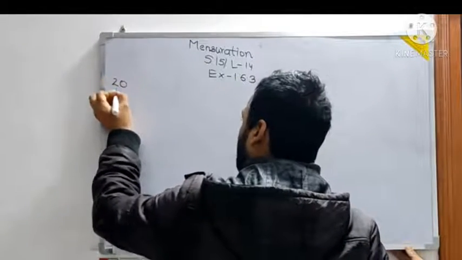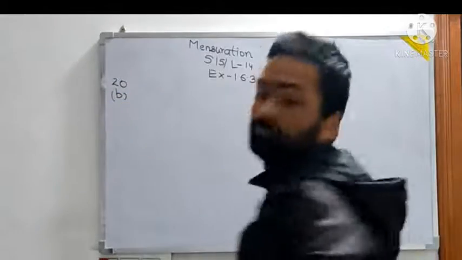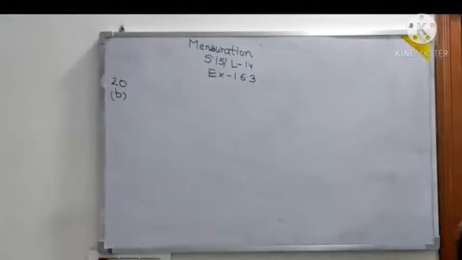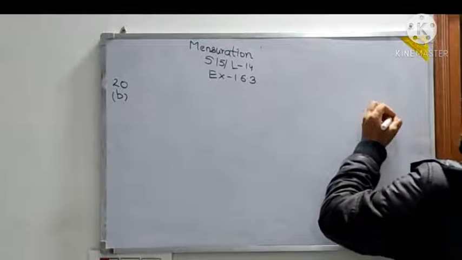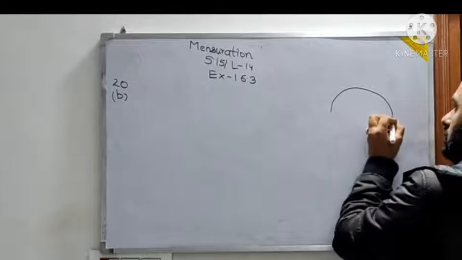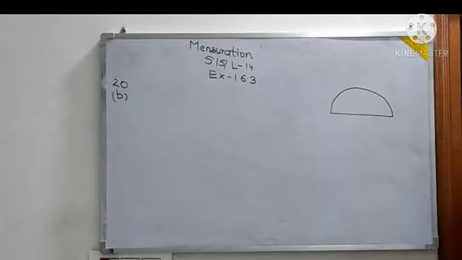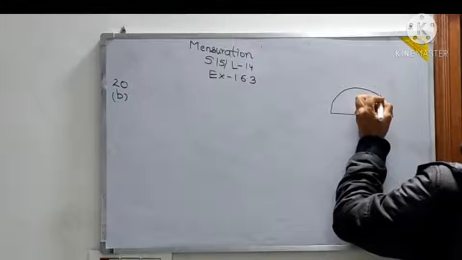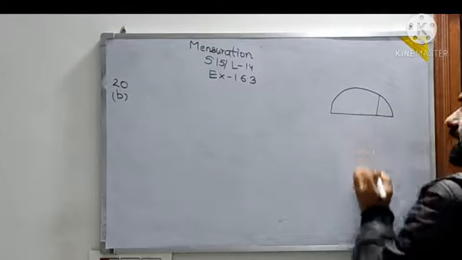Twentieth question B part I am taking up. Here also a semicircle is drawn. Let me draw the figure for it first. In that semicircle there is a right angle triangle.